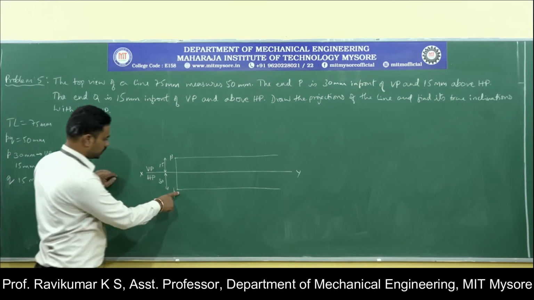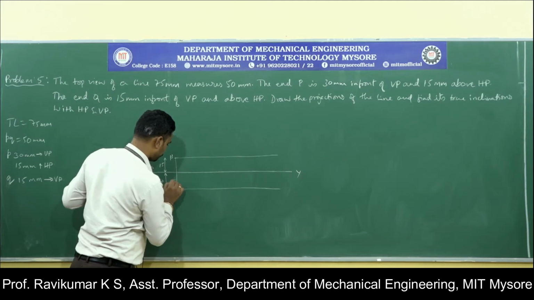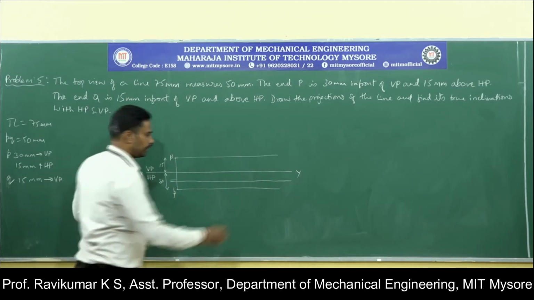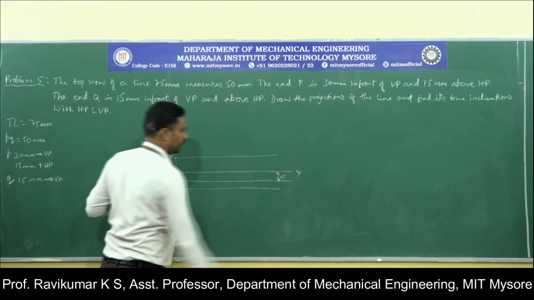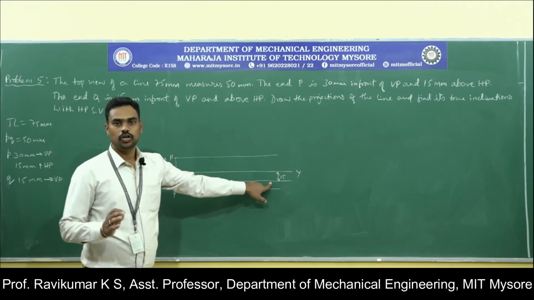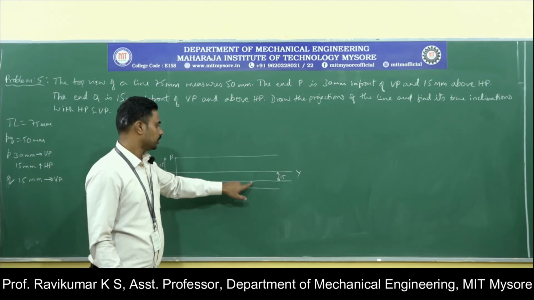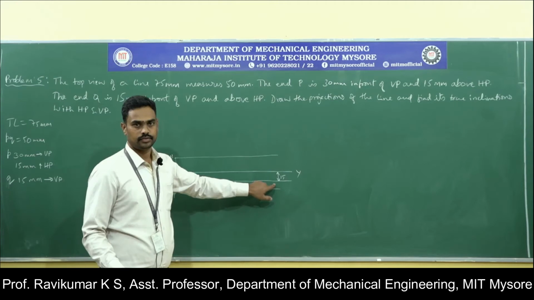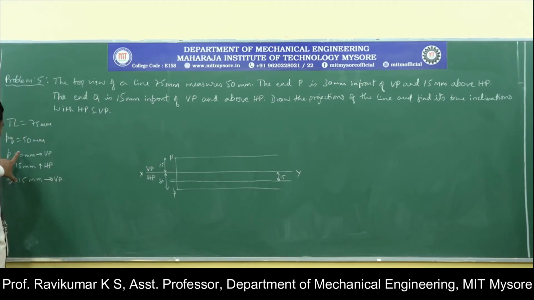Since this is 30, it should be half. With the half distance, draw one more line 15 mm from the XY line, and this line is the locus of point Q. Point Q can be located anywhere on this line. This is the information given with respect to the coordinates of P and Q.